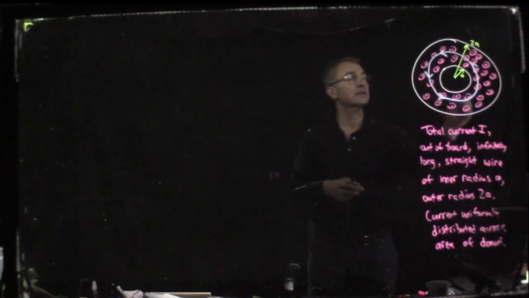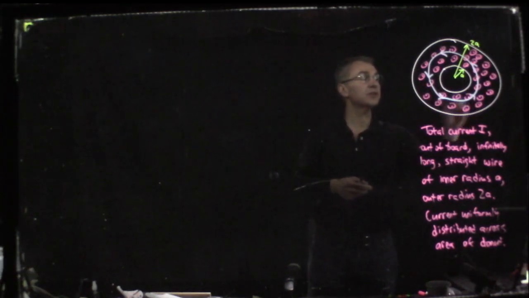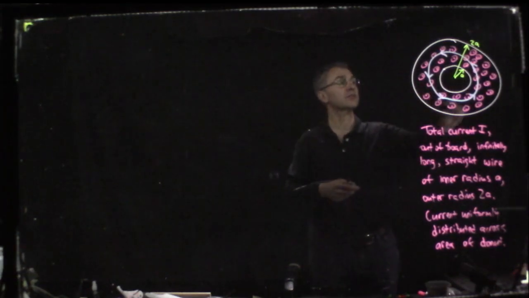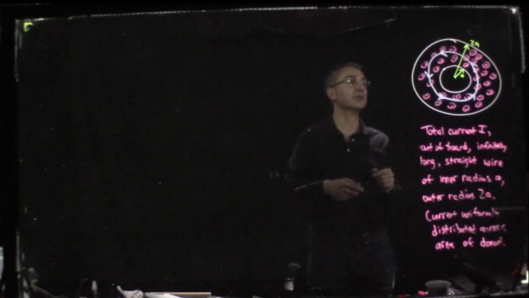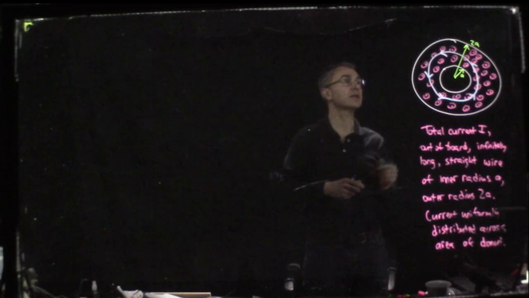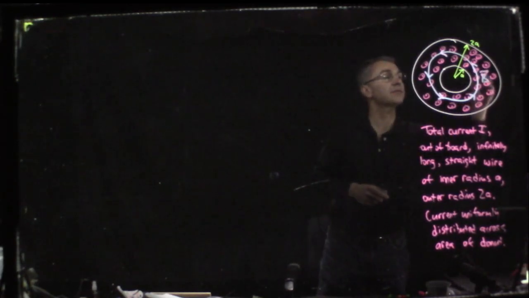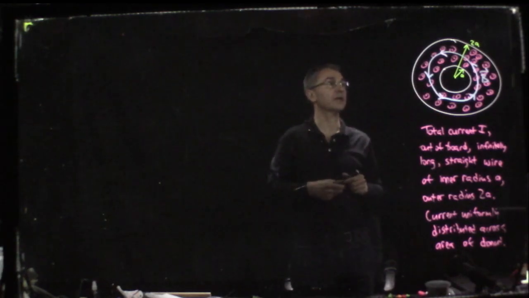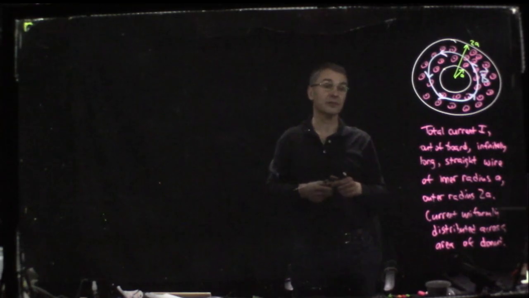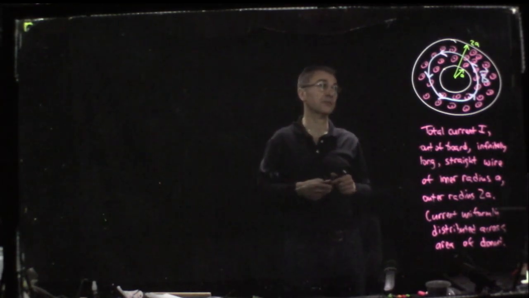The magnetic field should be constant for a constant radius. Magnetic field should only be a function of radius because of the cylindrical symmetry of the problem. So this is our magnetic field. It's going to be tangential, counterclockwise.